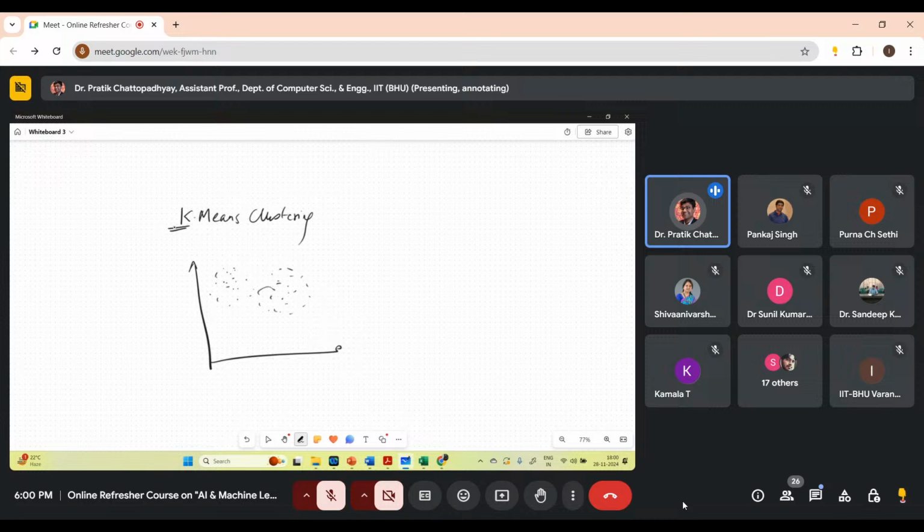So k groups basically. If k is 2, we want to make 2 groups out of this set of points. Visually we can see this is one group, this is another group. If the data dimension is very high and the number of points is very high, visualizing this becomes difficult. At that time, a genetic algorithm can be used to find these groups.